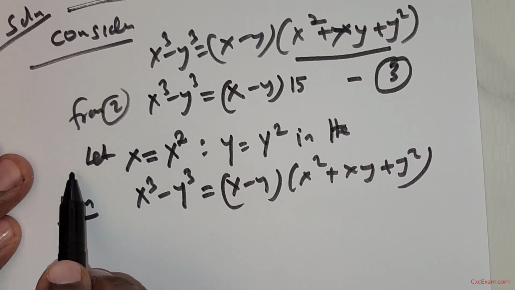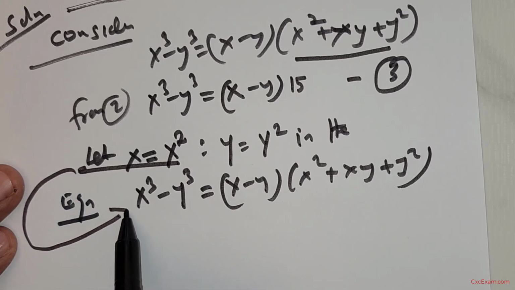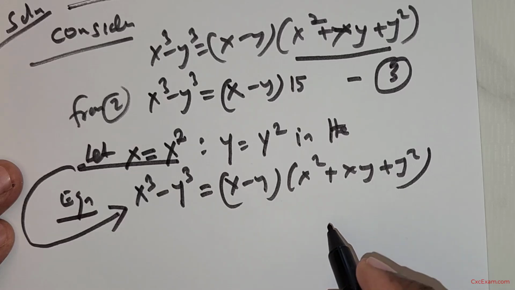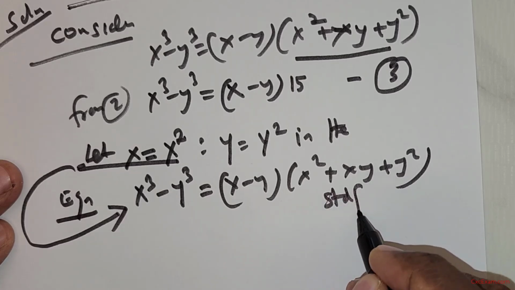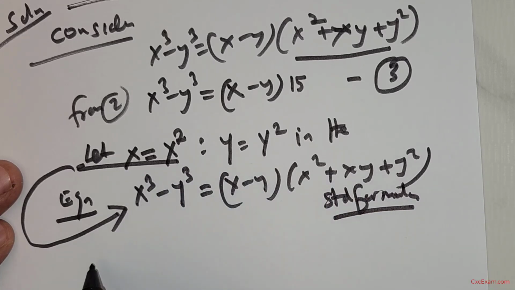This is the assignment I am making for this algebraic identity, which we already know. It's a standard formula.